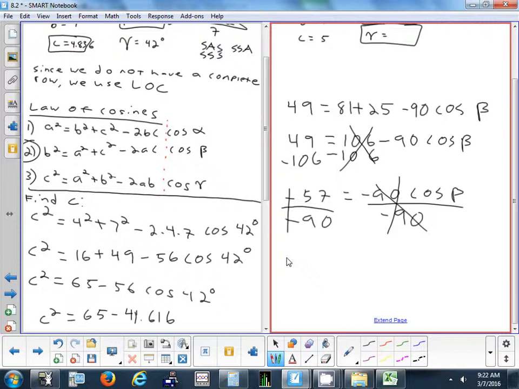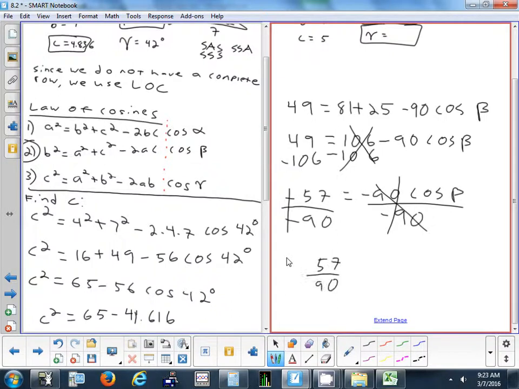Now, at this point, if you divide 57 by 90, you are going to get a decimal. So don't do that. Just leave it as 57 over 90. Even if you can reduce this, which you can, they're both divisible by 3, don't worry about doing that. Just leave it as 57 over 90.